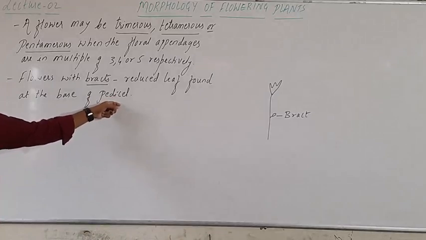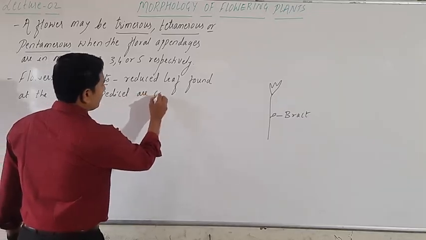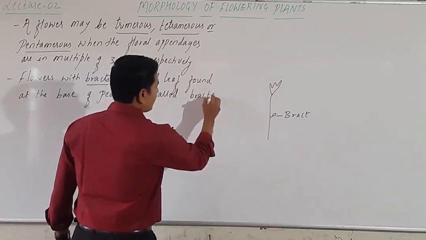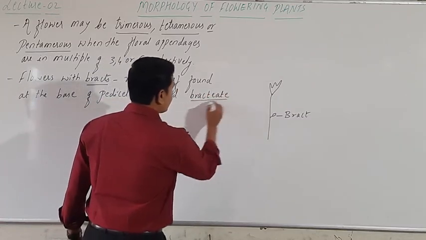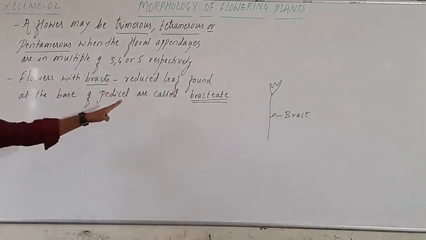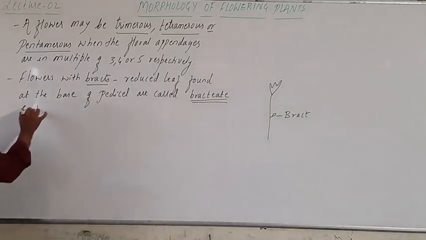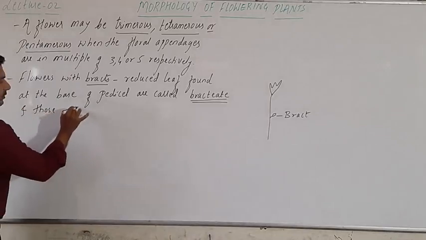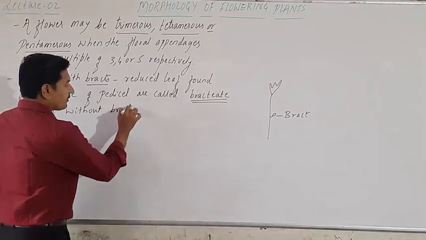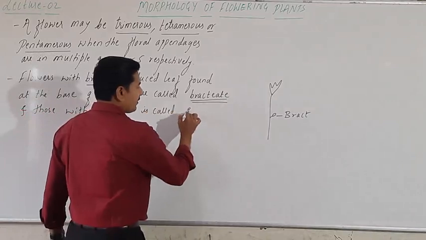Now, this pedicel, if it is present, we call it as a bracteate. Then, and those without bracts is called ebracteate.